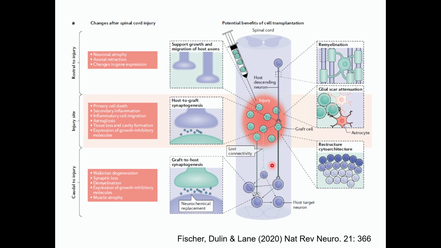And the cells that are used have different aspects for repair, whether it's to promote remyelination, change the gliosis that occurs at the level of the injury and see if that can facilitate a degree of repair, or even reorganize the cytoarchitecture by providing new cells that can contribute to new glial populations, new neuronal populations. And for the most part, my work has focused on the transplantation of neuronal or neural progenitor populations and how they can facilitate different aspects of these types of repair.